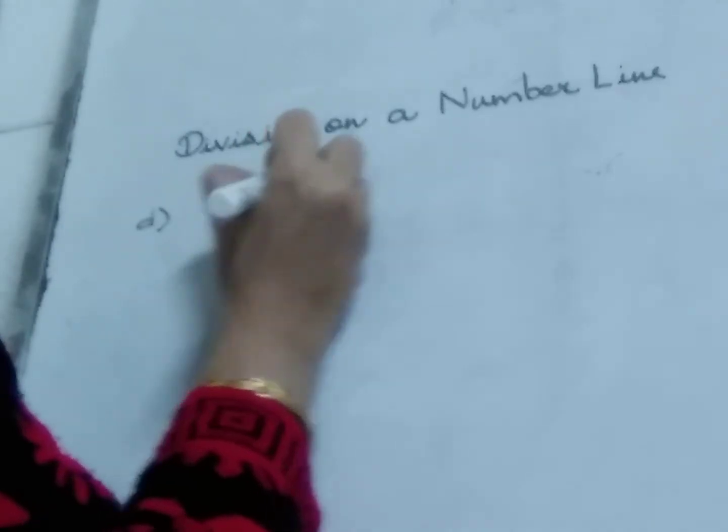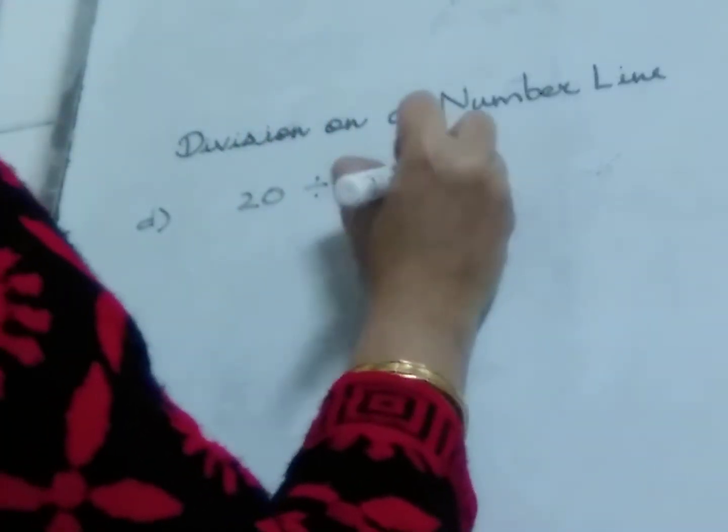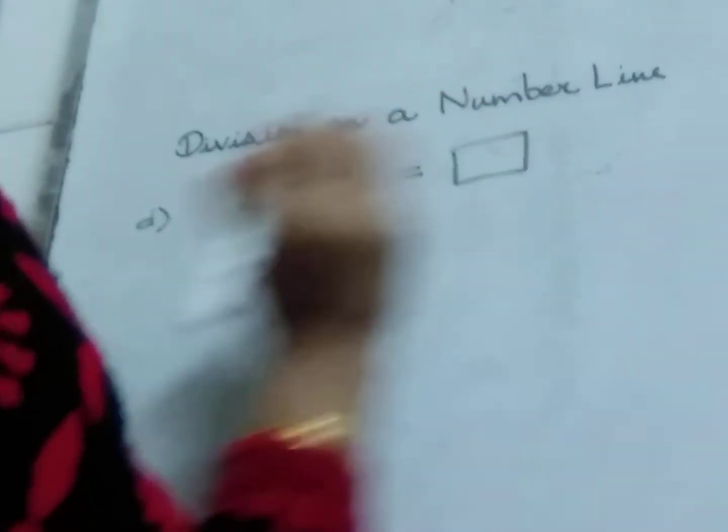Next question is 20 divided by 5 is equal to dash.